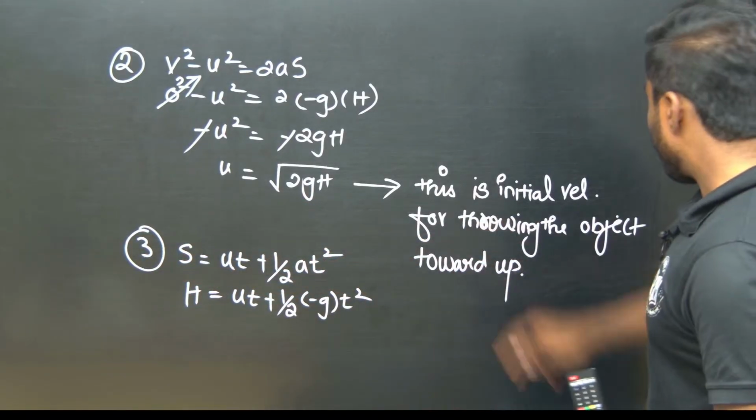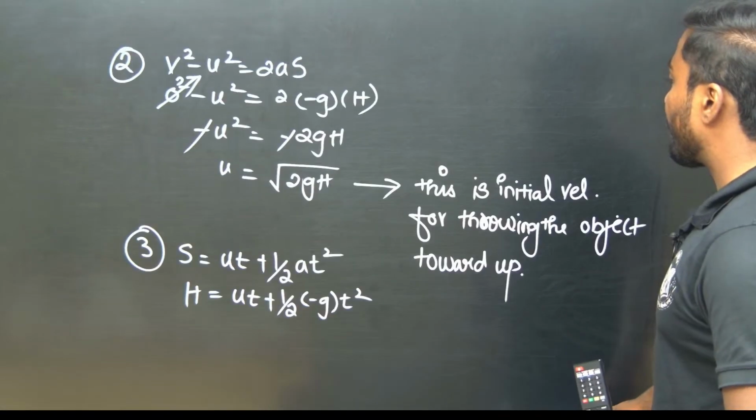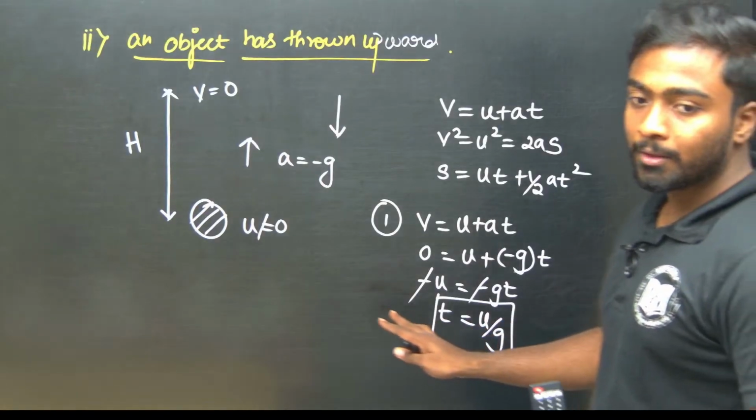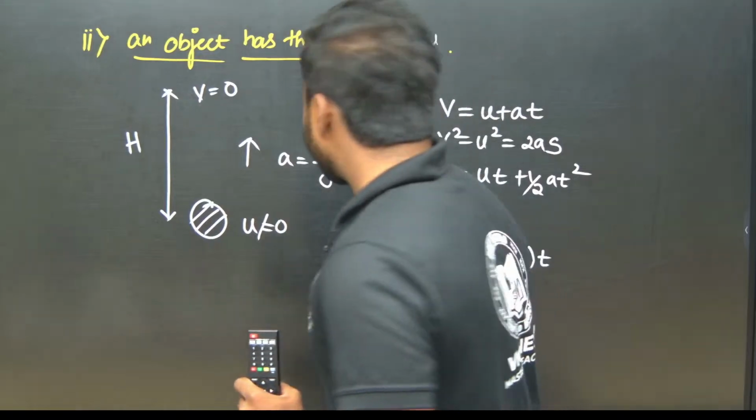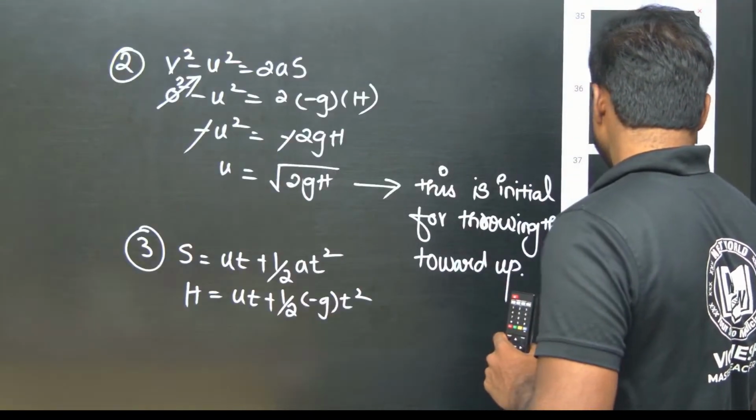Either I can use the previous equation also, t is equal to u by g. One thing you should understand here is, when I take an object and throw it upward with initial velocity u, it reaches the maximum height h and the final velocity becomes 0.